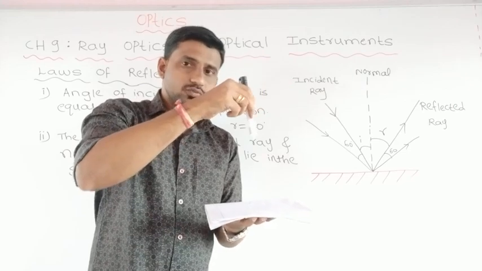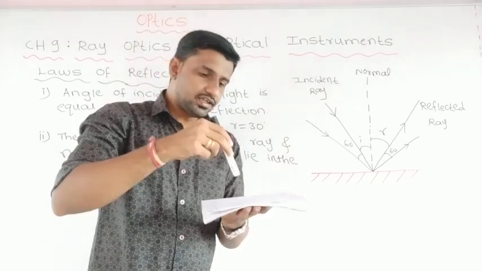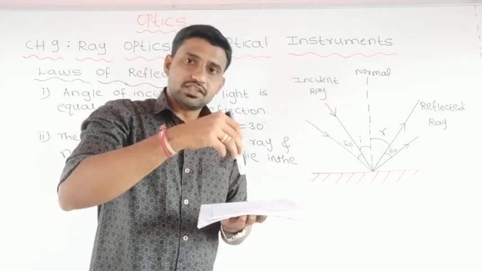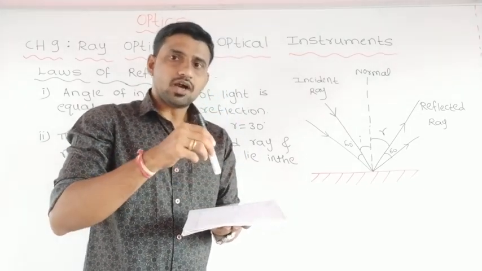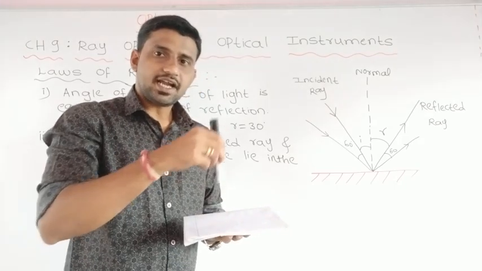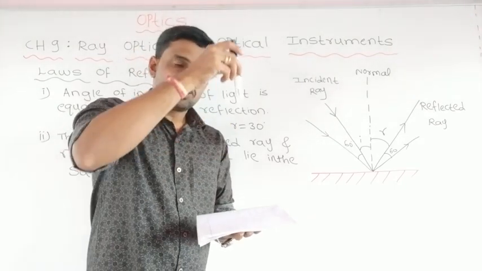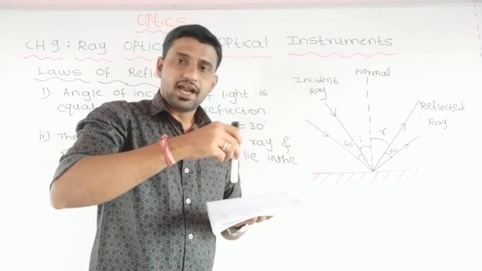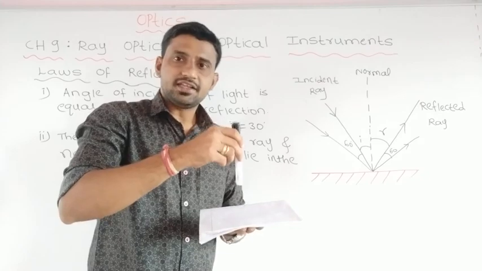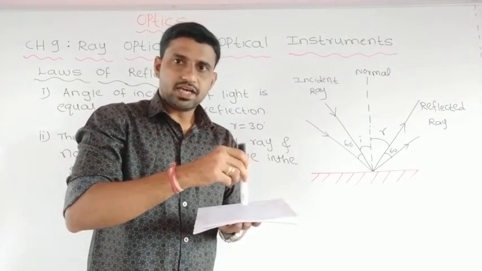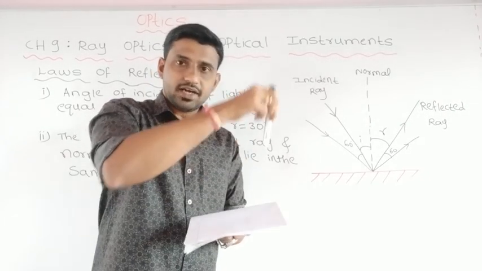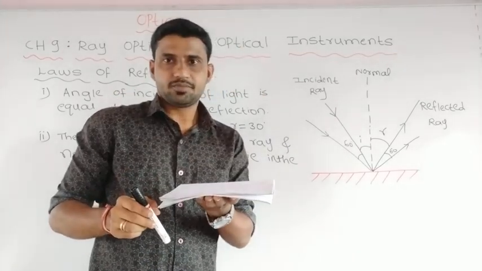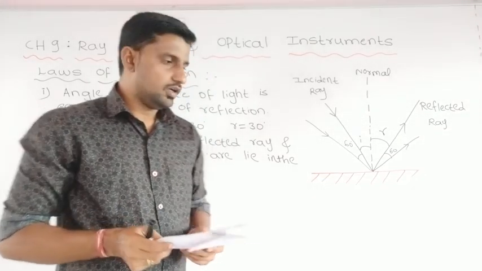And if you observe here, the incident light and reflected light both are lying on this plane. And if I want to know the angle of incidence and angle of reflection, then I should draw a normal perpendicular to this surface, and that normal also lies in this plane. That means incident ray, reflected ray and normal drawn all are lying in this plane. That is the second law of reflection.